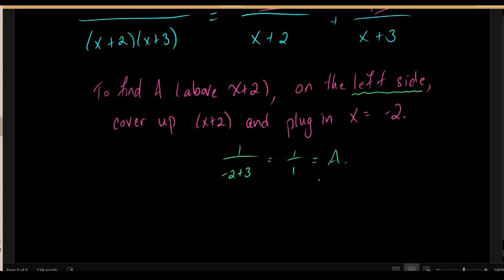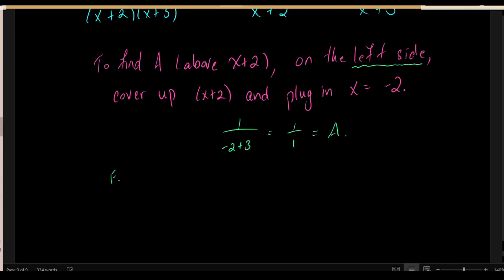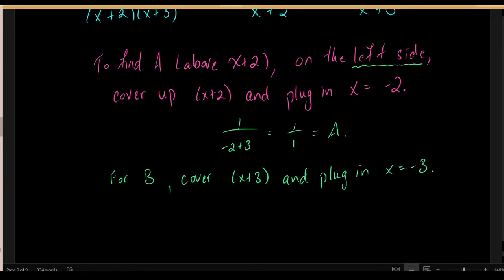For b, it's very similar. For b, which is above x plus 3, cover the x plus 3 on the left and plug in x equals -3. That's the opposite of that quantity.